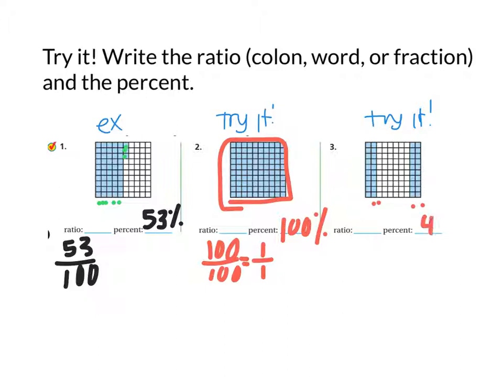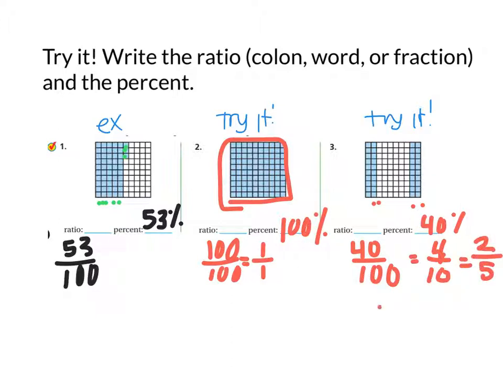So that's 40, or 40 over 100. Or that can even be simplified to 4 over 10. Or even, if we divide that by 2, that would be 2/5, a 2 to 5 ratio. So all those are the same way to write what that shape represents. There's so many ways you can write it, and they're all equal.